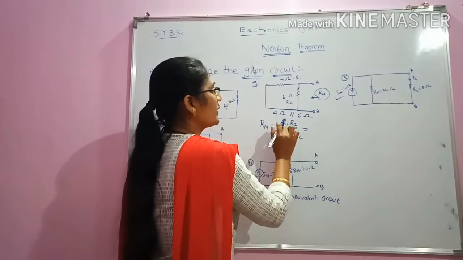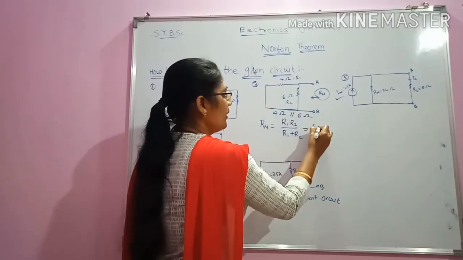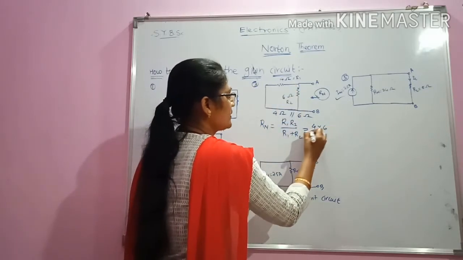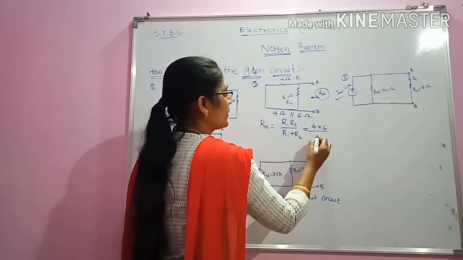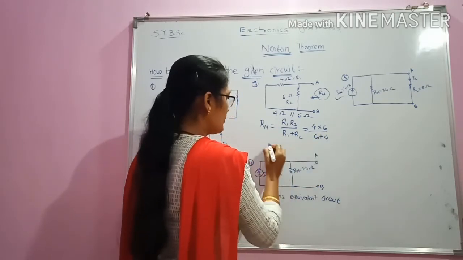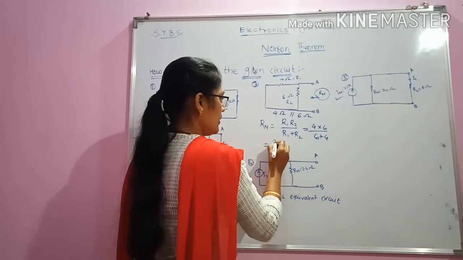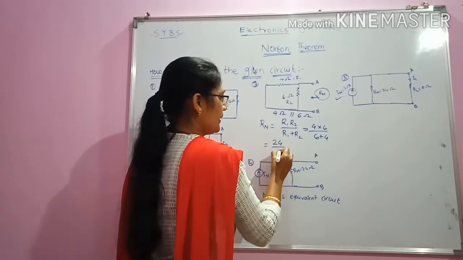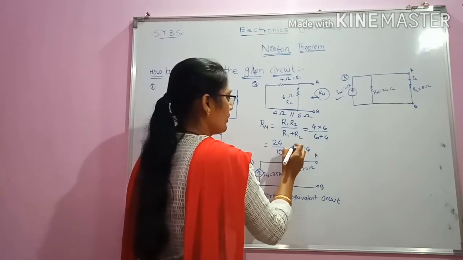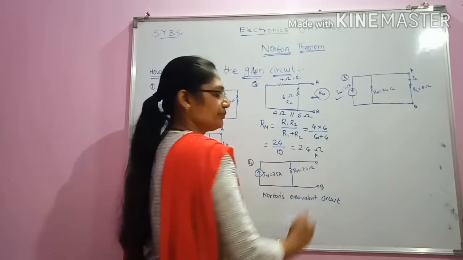Substituting, R1 is 4 into R2, 6, divided by 6 plus 4. Therefore this value comes out as 24 divided by 10, which is 2.4 ohm.